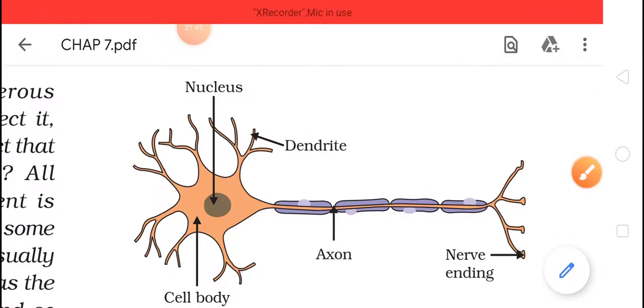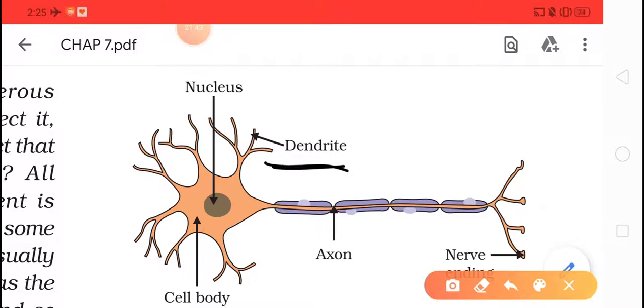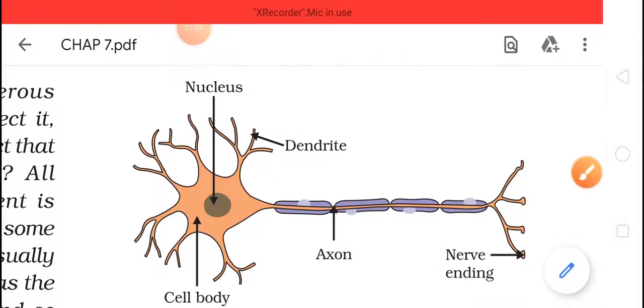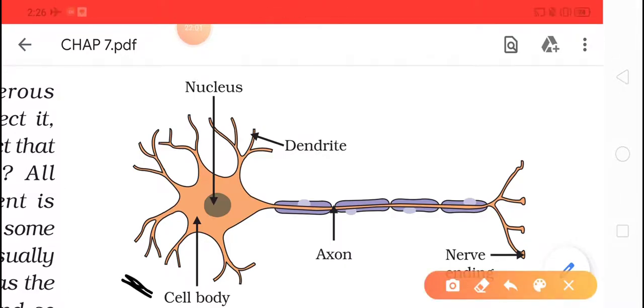The thread-like structures which you see are the dendrites, and at the center you have the nucleus. Surrounding the nucleus you have the fluid-filled structure called cytoplasm. So your cell body will have cytoplasm and the nucleus, and you will have the nerve fibers which are called dendrites.